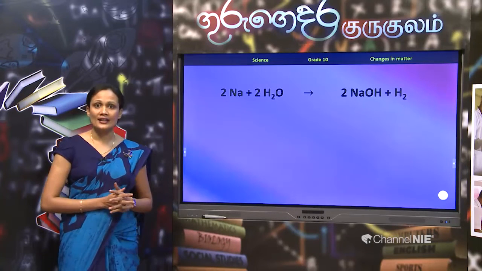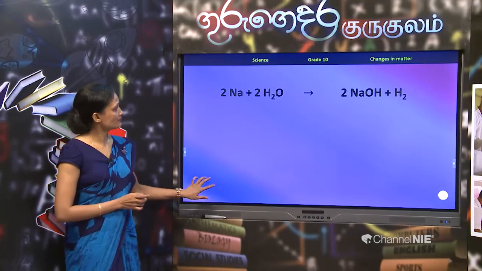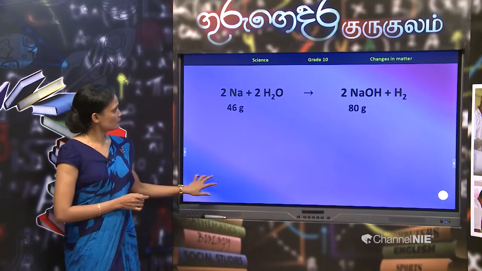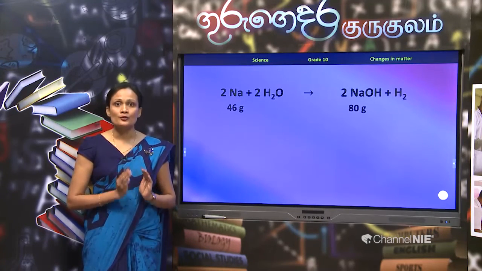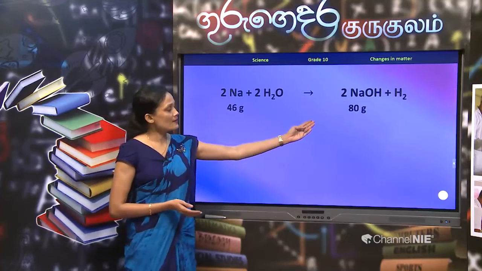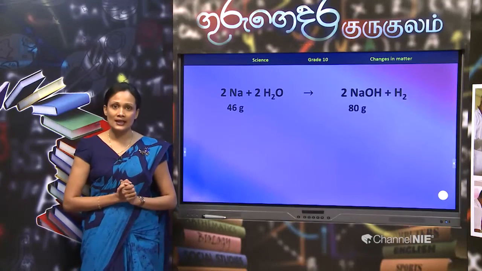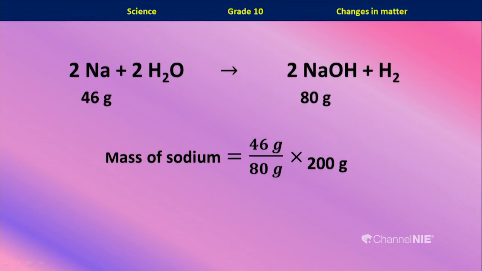According to the data that we get, 46 grams of sodium are needed to produce 80 grams of sodium hydroxide.